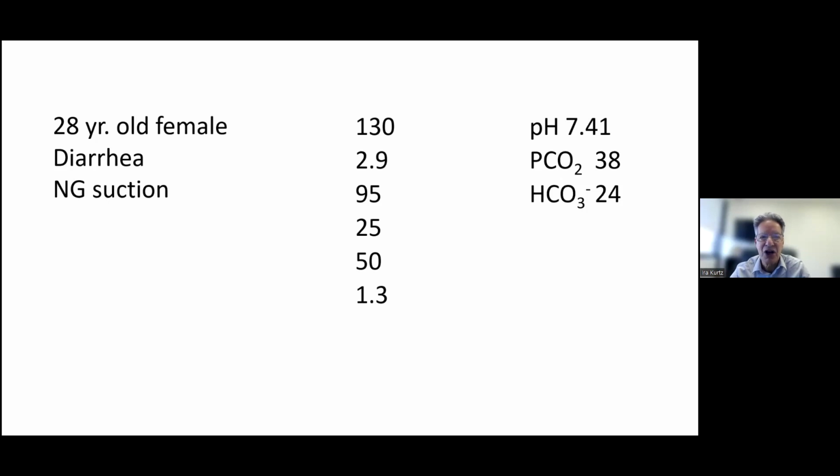It means that the loss of bicarbonate in the stool from the small intestine is quantitatively equal to the bicarb being added through the gastric vein. That's what all these numbers tell you without doing anything. It has to be that, or you would not end up with a normal bicarbonate. Recognize again, if the bicarb's normal, there's no reason the ventilation should change.